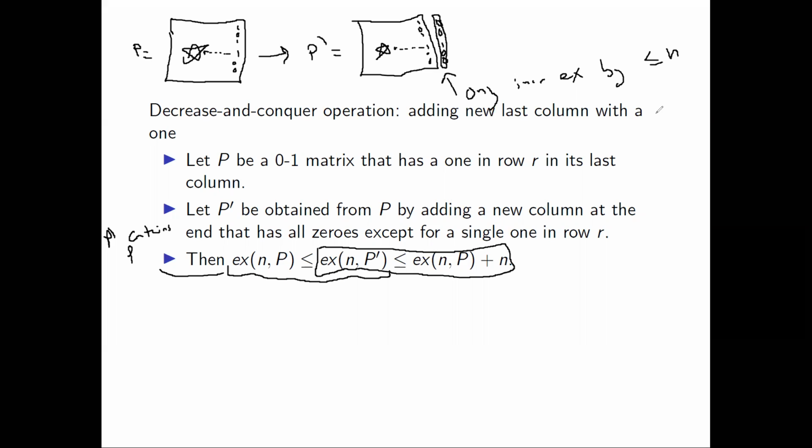And this gives us a way to prove upper bounds on many different 0-1 matrices using this inequality combined with a decrease and conquer approach. And I wanted to show an example of that. So here's a pretty small example, but this idea that we're doing here can be applied to infinitely many 0-1 matrices.